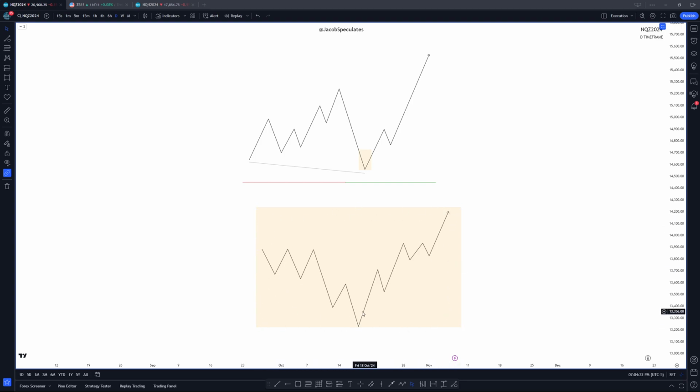If anybody can recognize what this looks like, and somebody already said it in the chat.